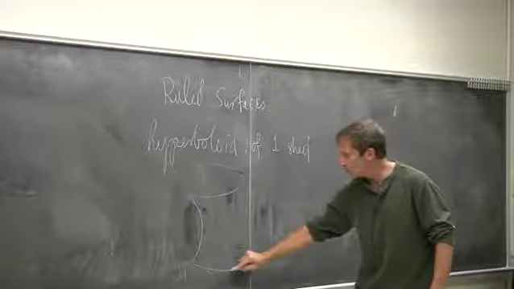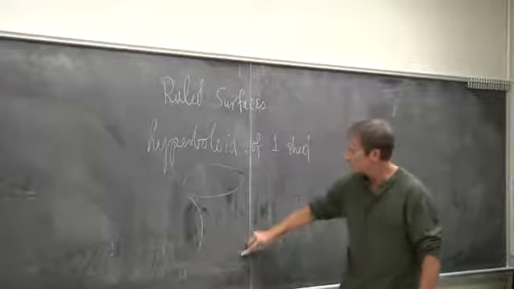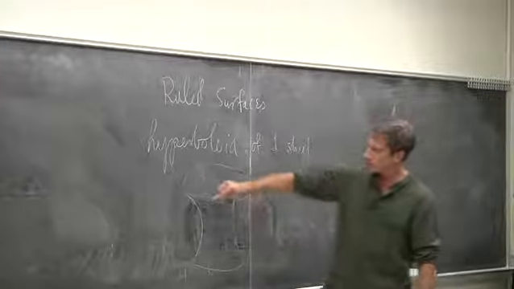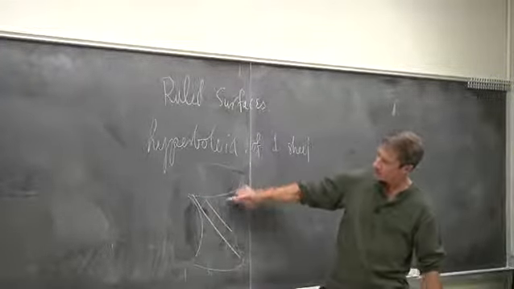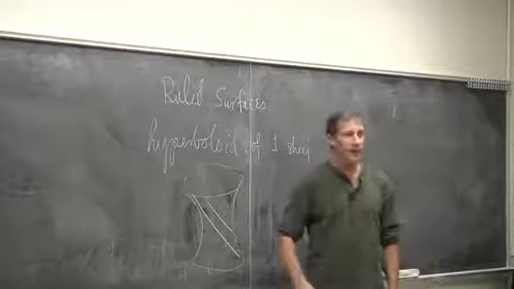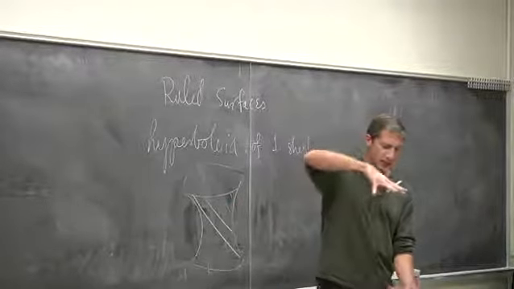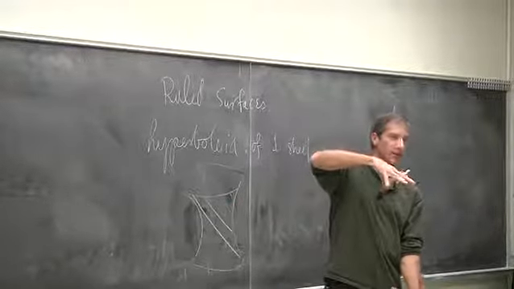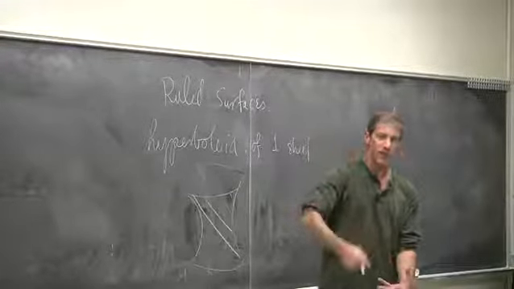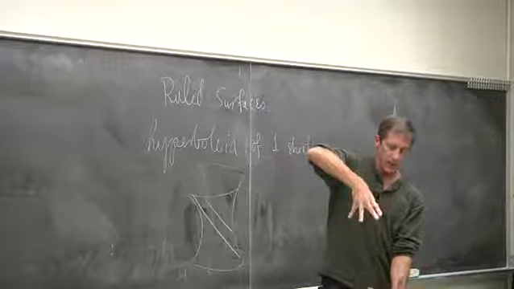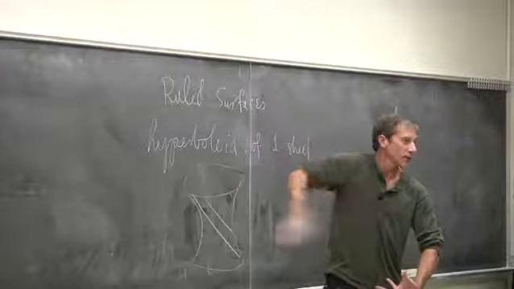So your windshield could be made out of something like this if you wanted, because this is actually an assembly of straight lines that kind of wrap around. You can see this if you take two discs parallel to each other, put strings up and down to connect them, and then give it a twist, and you get exactly the surface.